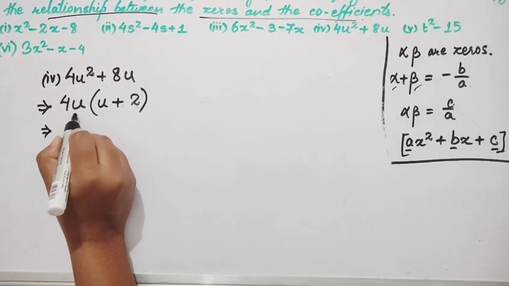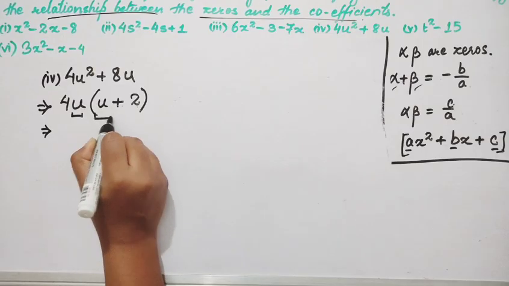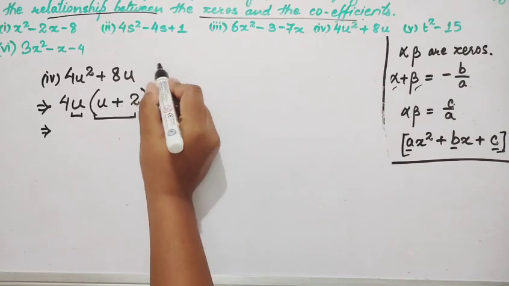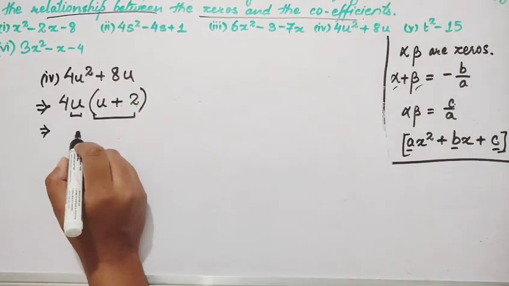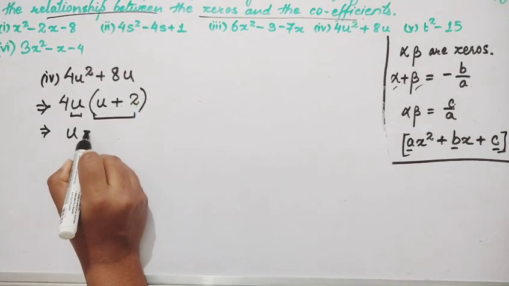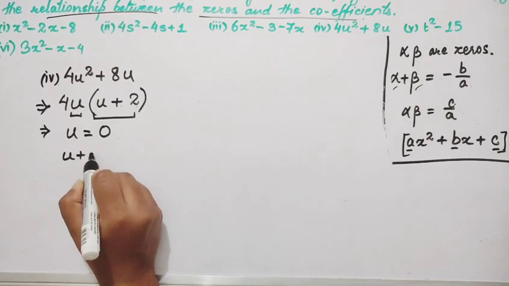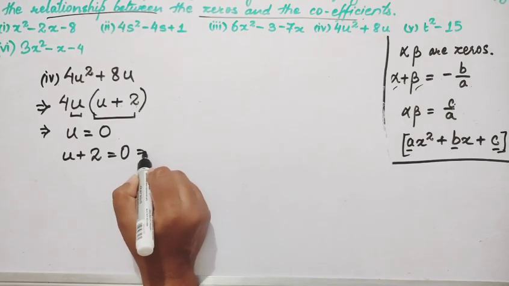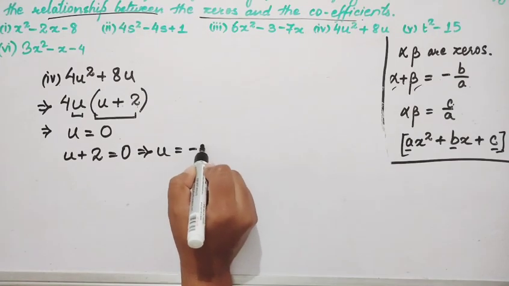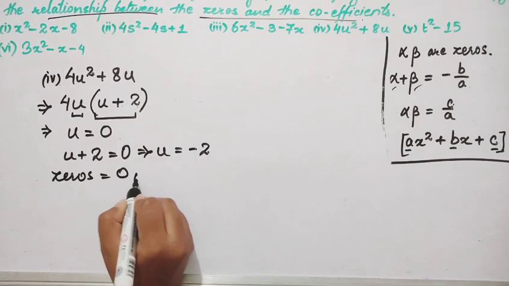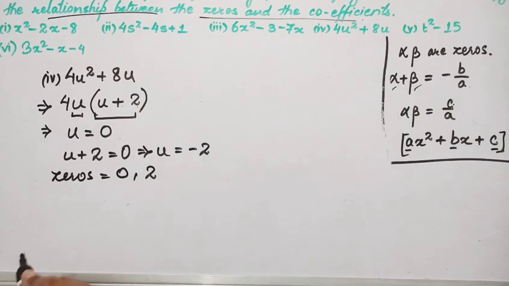Now here, as we have already received two elements, factorization is not needed in this case because we don't have the third element over here. So we can directly equate u with 0 and u plus 2 with 0, which will give us u equals minus 2. So in this case, zeros are 0 and minus 2.